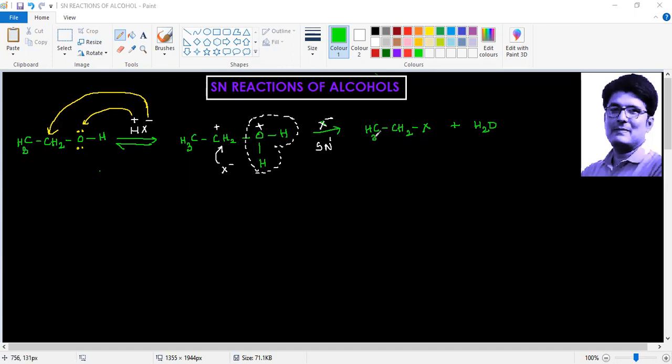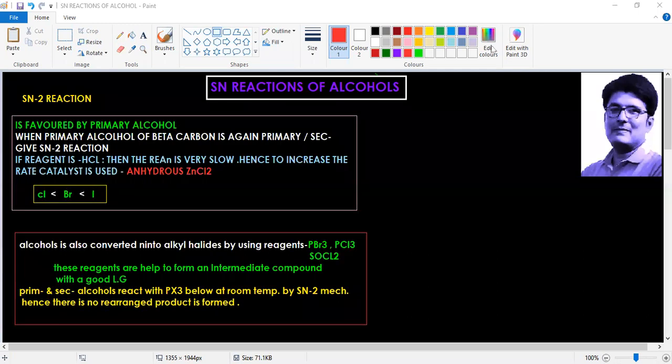Next, now we can learn the SN2 reaction. Till now, for SN reactions of alcohols, we took examples of SN1. Next, let us learn about SN2 reactions for alcohols. Generally we know that SN2 reaction is mainly favored by primary alcohols only.